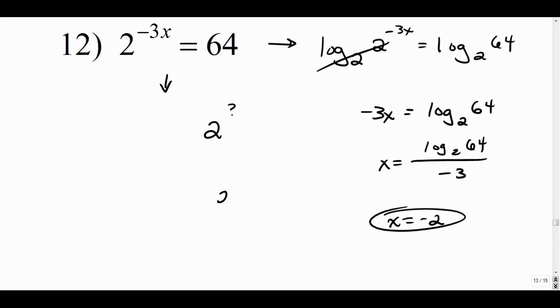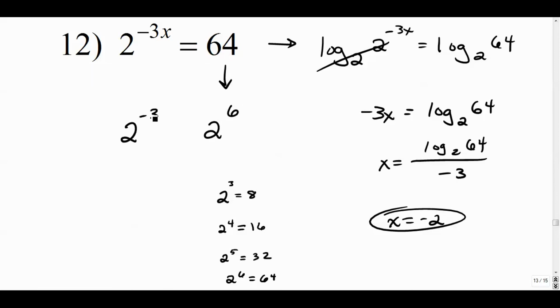So let's see, I know that 2 squared is 4, 2 to the third is 8. So 2 to the fourth is 8 times 2, which is 16, 2 to the fifth is 32, 2 to the sixth is 64. So 2 to the sixth is 64. All I'm doing there is just transforming 64 into 2 to the something.